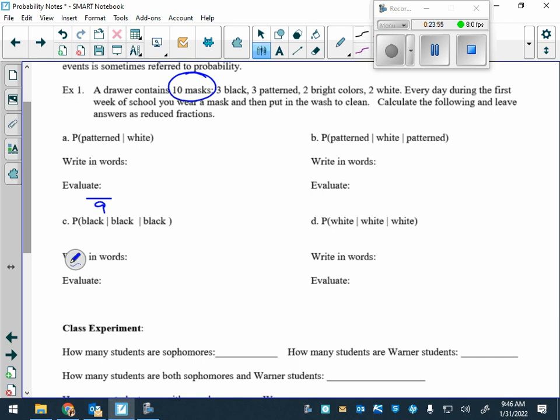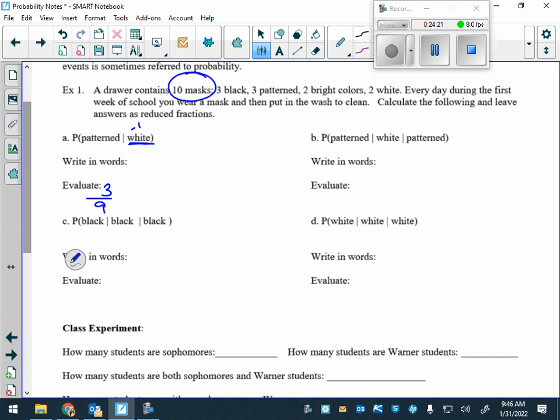3. So all we did here is we already chose the white, so we're subtracting 1 right off the gate. We're down to 9. Now we look at the 9, and how many of those are pattern? Does that make sense?